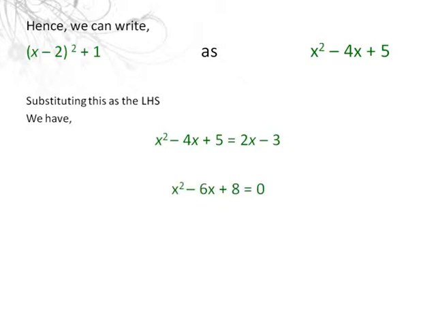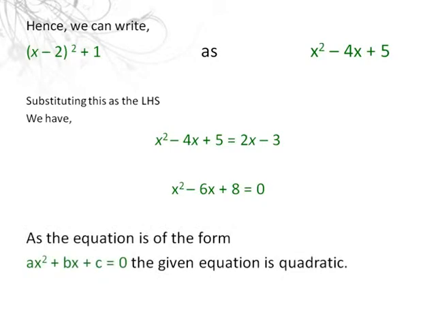Hence we get x square minus 6x plus 8 equal to 0. Now this polynomial equation is to be tested if it's quadratic or not. As the equation is of the form ax square plus bx plus c equal to 0, the given equation is quadratic in nature. If you compare, here a is 1, b is minus 6 and c is plus 8.